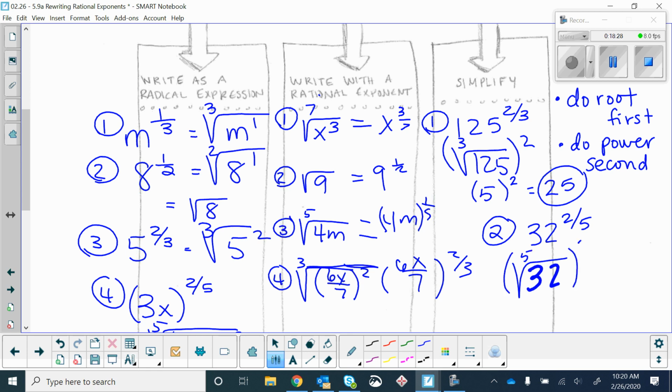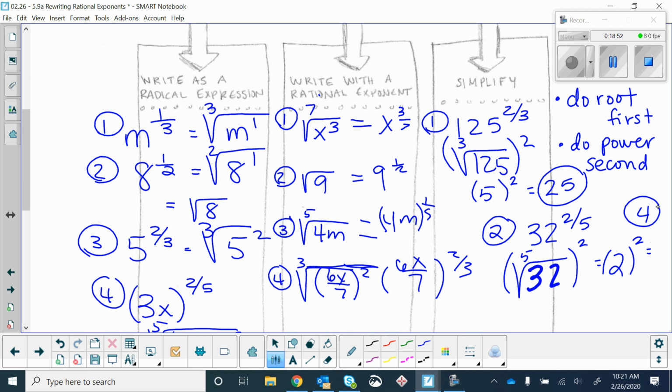Once you figure that out, you're going to square it. So what is the 5th root of 32? 2, right? What times itself 5 times gives 32? 2 times 2 is 4, 8, 16, 32. So you do the root first, then you do the power. What is 2 squared? 4, because it's 2 times itself.